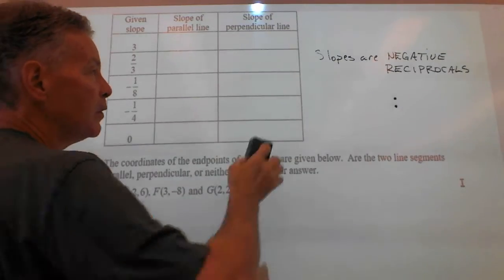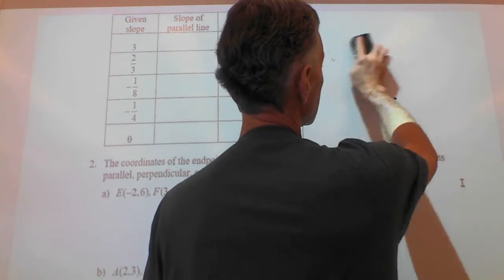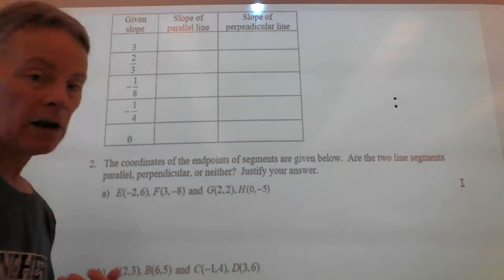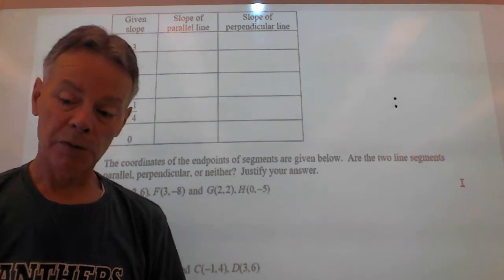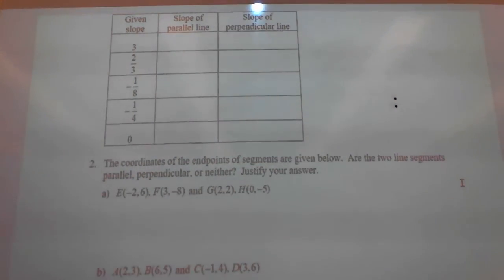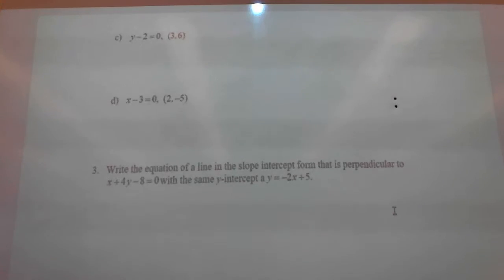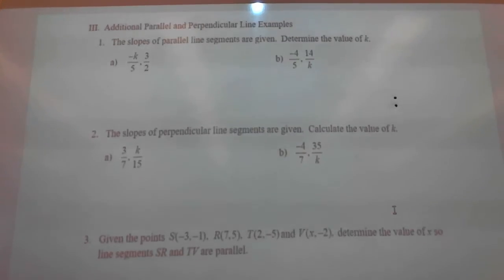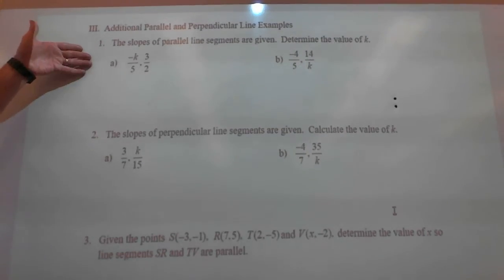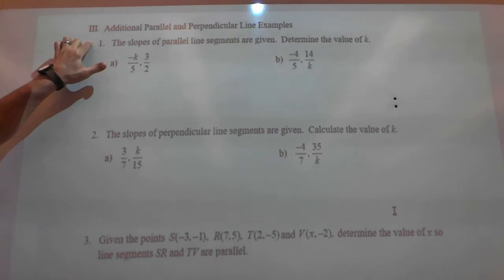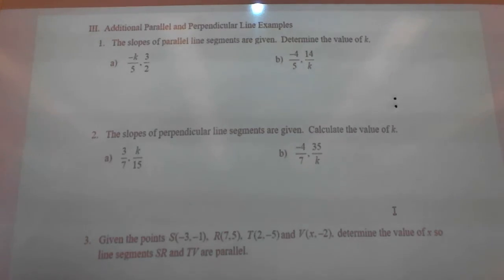Now, we can use this relationship between the slopes of parallel lines versus the slopes of perpendicular lines to answer some fun questions. So, if we just drop down a bit to where we left off yesterday. This question says, the slopes of parallel line segments are given, determine the value of k.